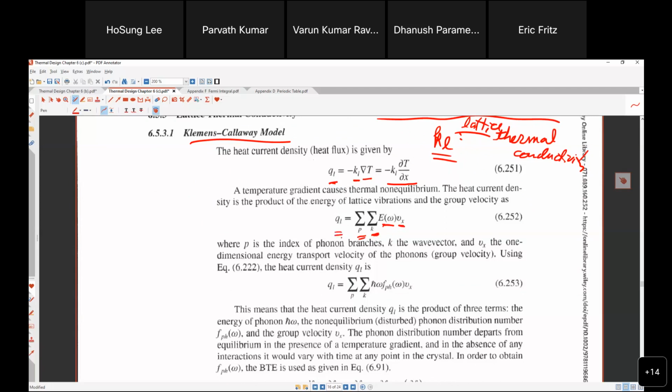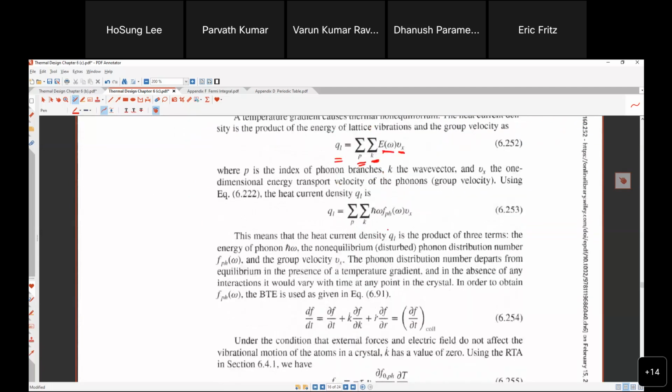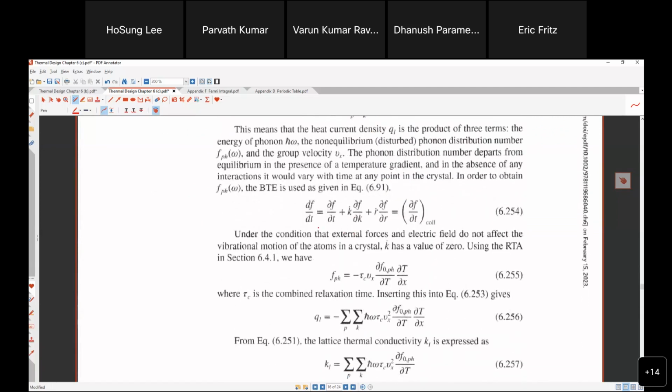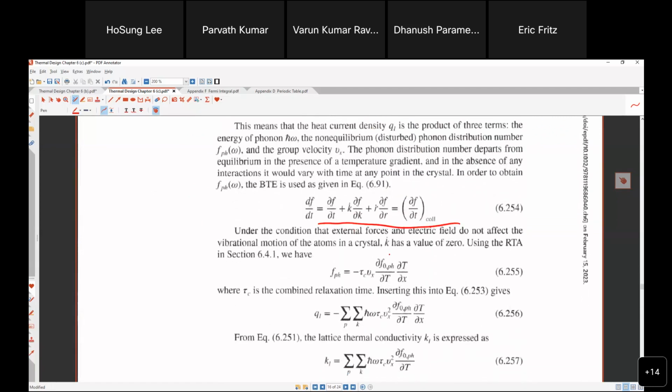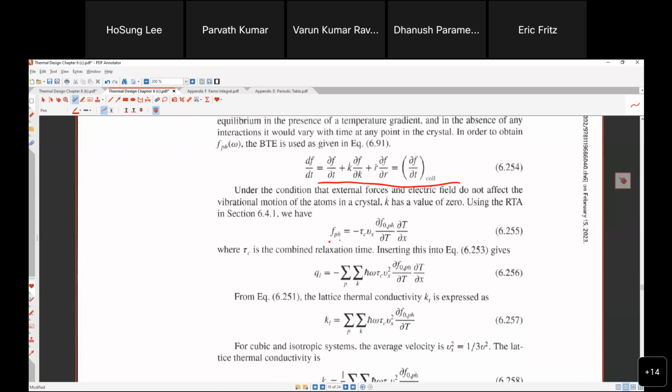So simply, we just use it, and the energy is given by the frequency and the distribution again, Boltzmann. Okay, Boltzmann. I will skip.